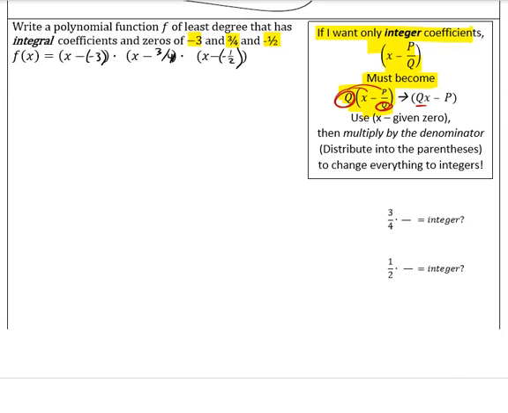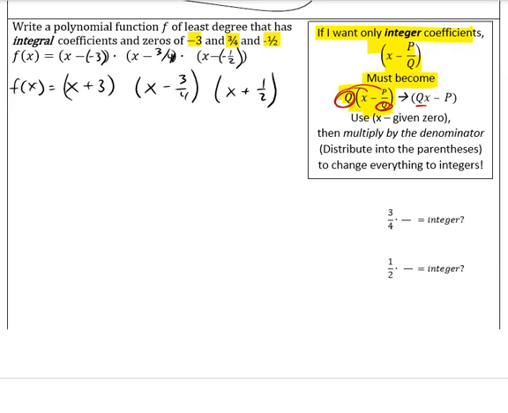Use x minus the given 0, then multiply by the denominator, distribute into parentheses to change everything to integers. So what I would do here, I have f of x equals x plus 3. Then I have x minus 3/4 and x plus 1/2.